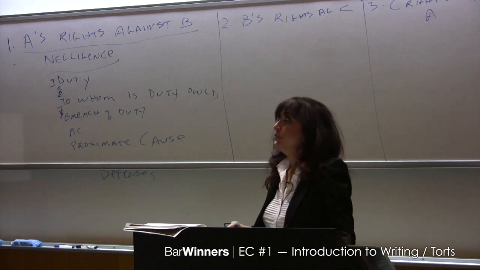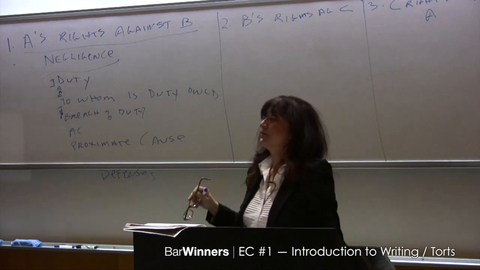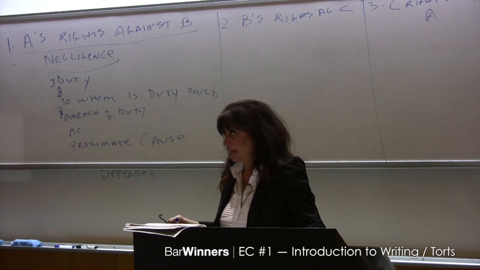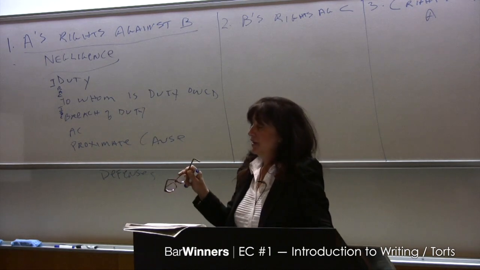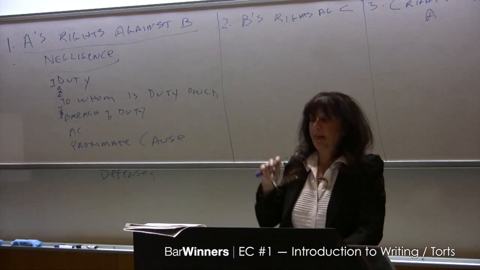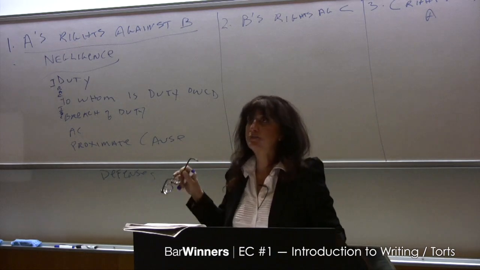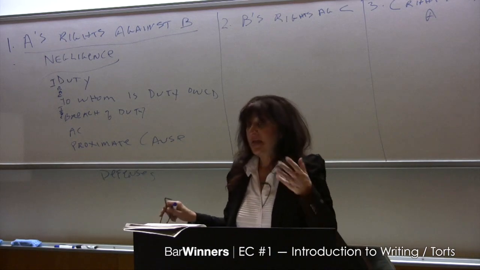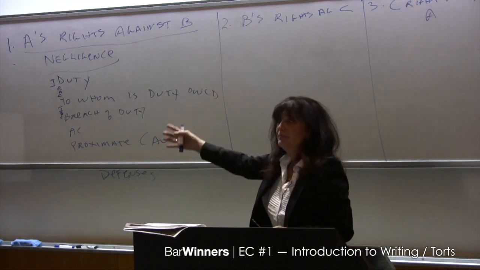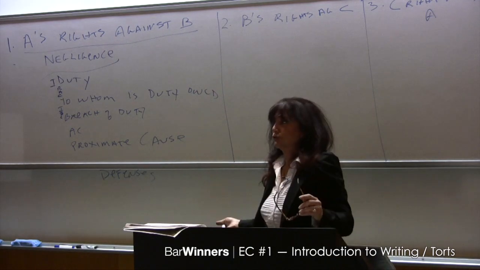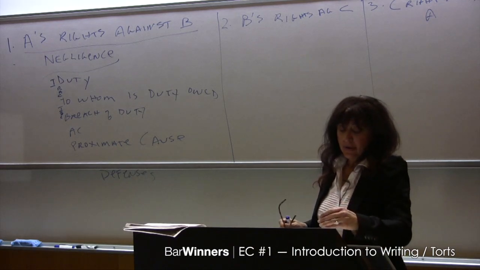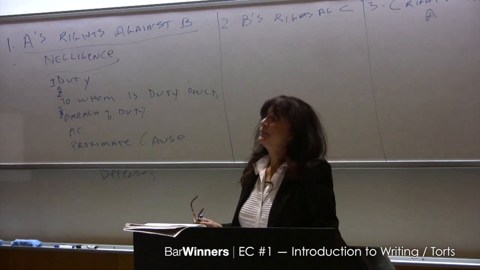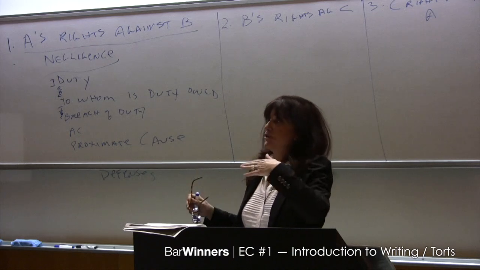Head note number 2, is that intervening act dependent or independent? Dependent means that the intervening act was dependent on the original defendant's bad act. Independent act is an act of God, act of children, act of animals. If your intervening act is dependent, your next head note is foreseeable or unforeseeable.